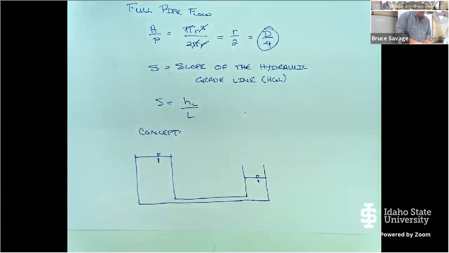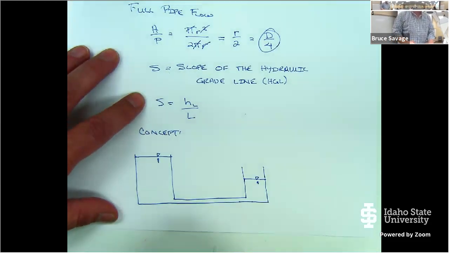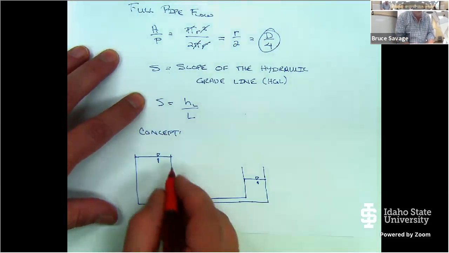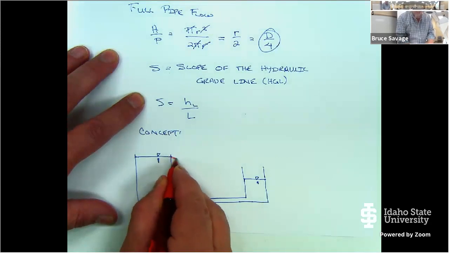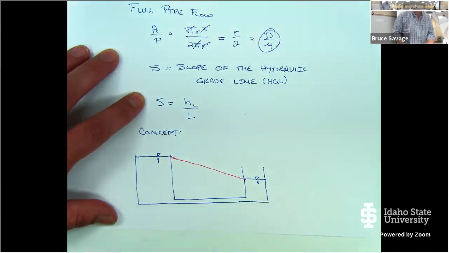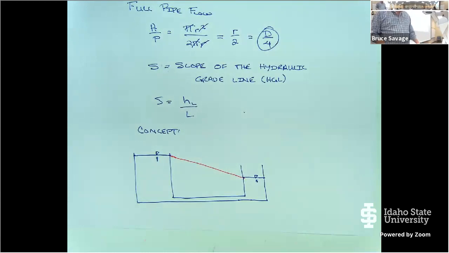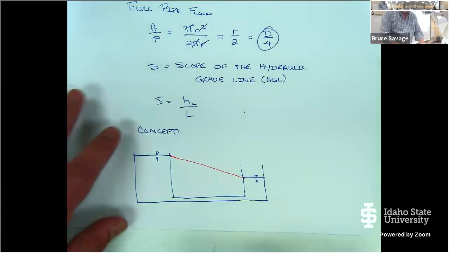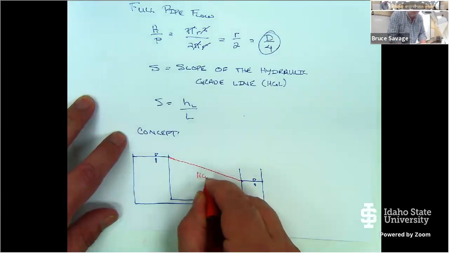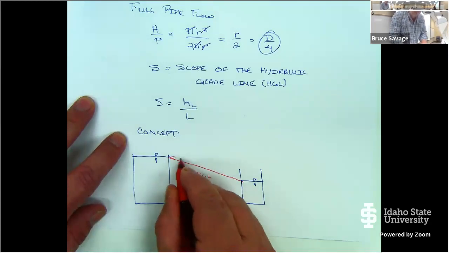If I do this really simply, not worried so much about minor losses right now, my hydraulic grade line essentially shows that that is the loss right there. That's the hydraulic grade line. So how much head have I lost in my system?